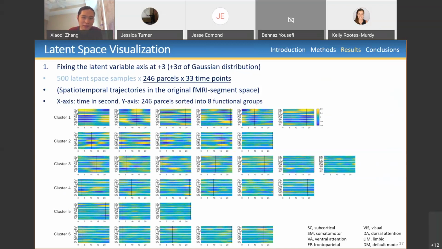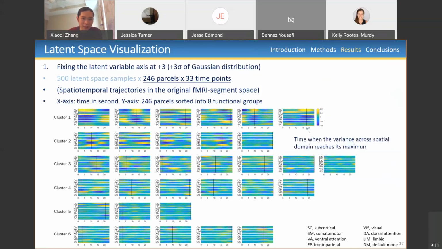It's probably a lot of information here, but if you're only focusing on a specific time point, for example here, the time point here is showing you when it reached the maximum variance along the spatial domain.